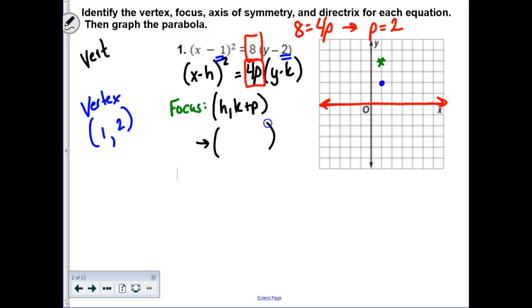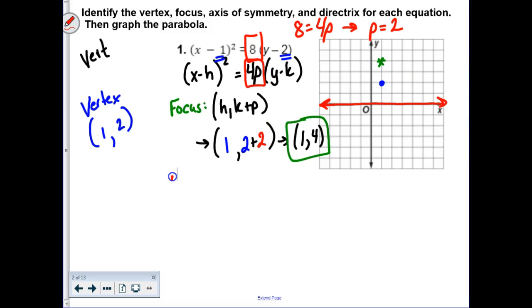H and k, remember, are from your vertex. So that would be 1 comma 2 plus, and we just found p to be 2, which simplifies to 1 comma 4. According to my calculations, I should have a focus point at 1, 4, and that's exactly where we plotted it when we looked at the visualization of the distance for p. So go us. Keep going.